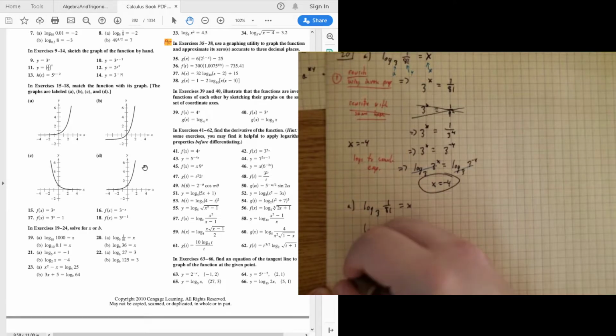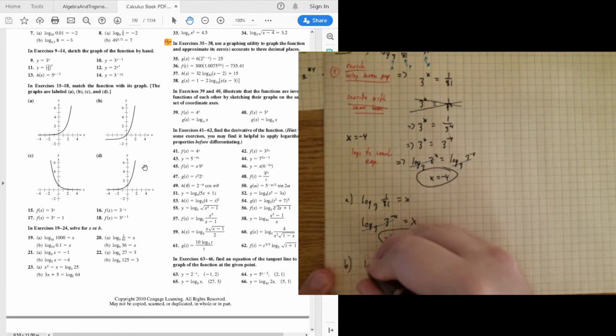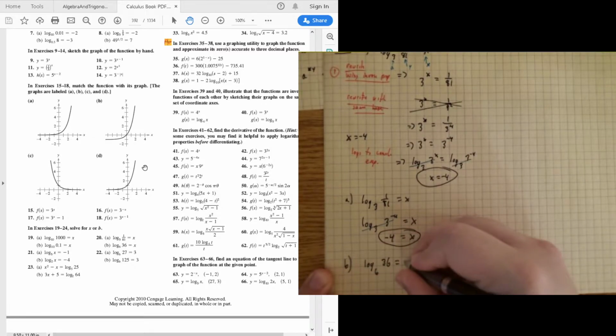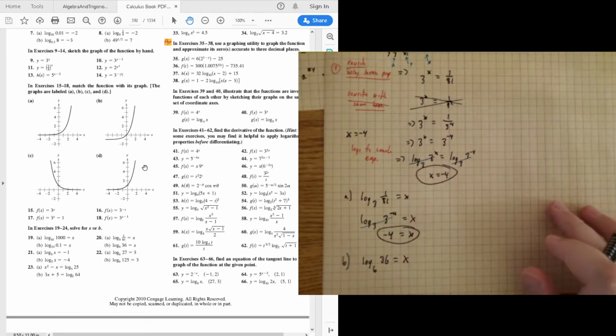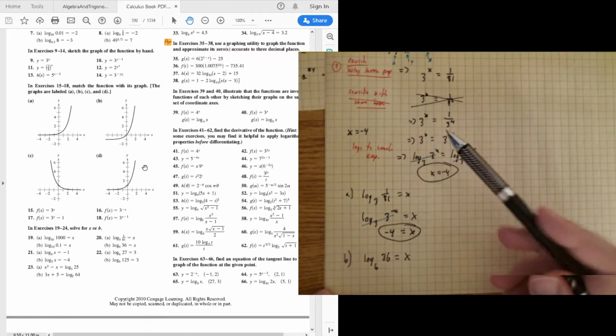Let's talk about b. So on b we have log base 6 of 36 equals x. So now, I could do exactly what I did just a second ago. Rewrite this 36 as a power of 6, and then try to solve. Or I could instead try to use the log properties and inverses to solve for it.